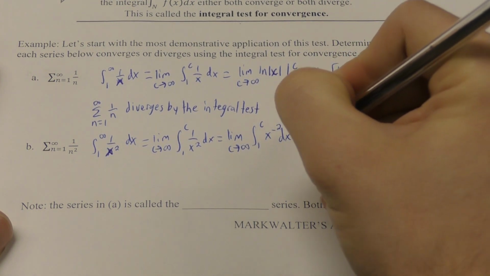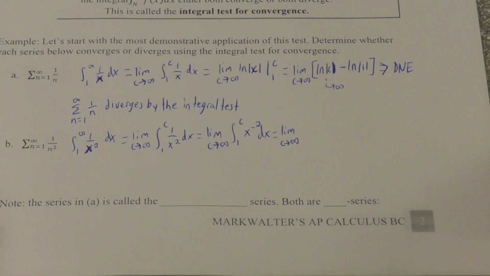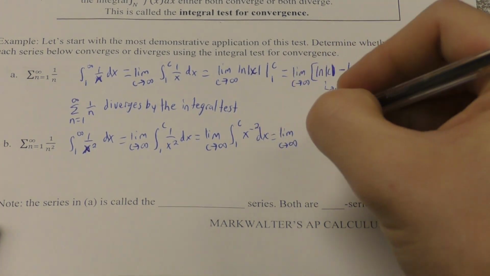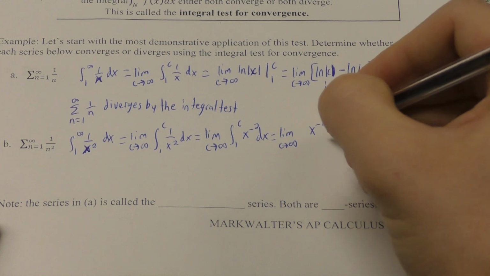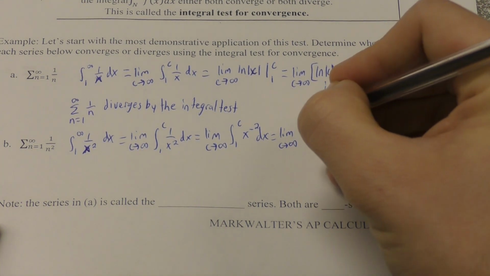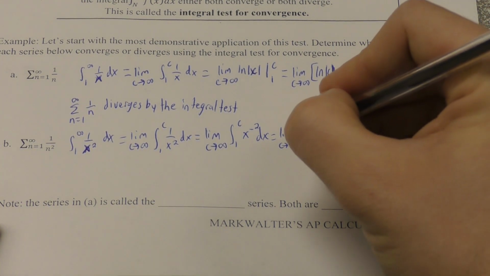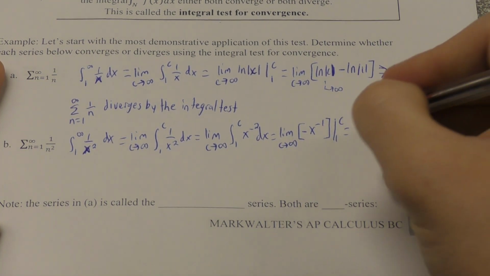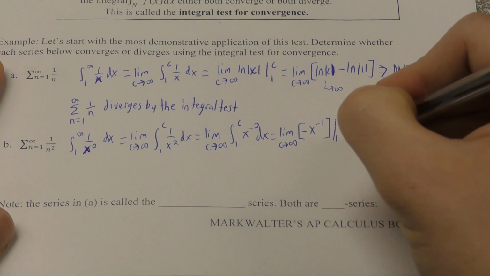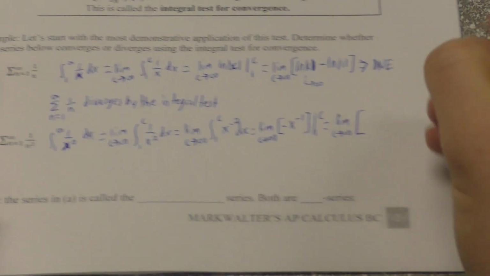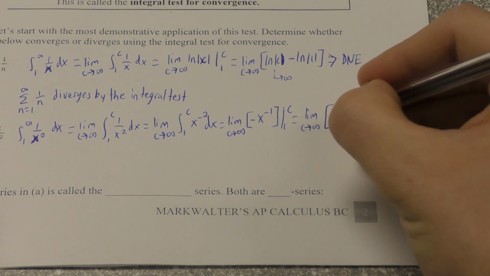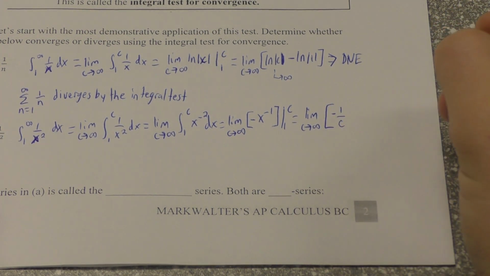All right, this is going to be the limit as c approaches infinity of, I need to take the antiderivative of x to the negative 2, so it'll give me x to the negative 1, and I'll divide by the new exponent, which gives me negative. It'll give me that, evaluated at 1 and c. So this will give me the limit as c approaches infinity of, when I plug in c, negative 1 over c.